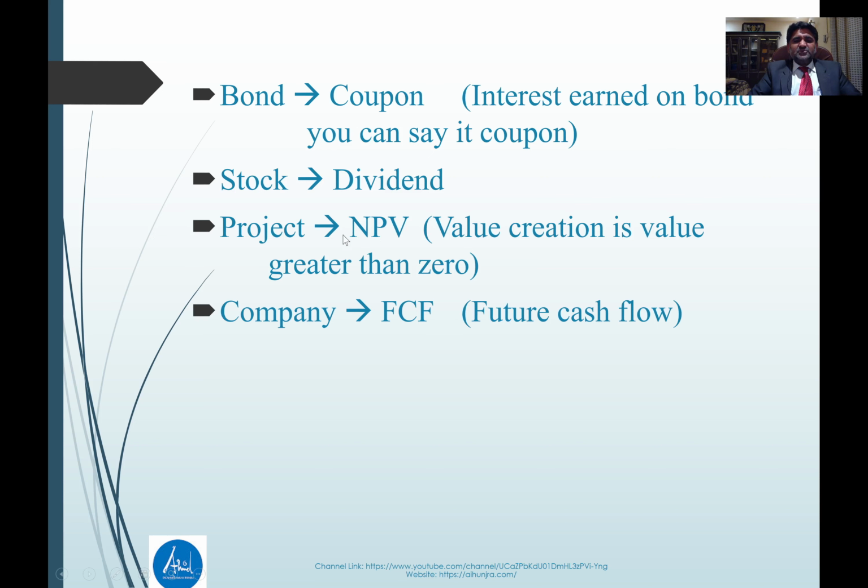Net present value means here we are talking about time value. Time value is the discounting approach, and the others are non-discounting, like payback period, accounting rate of return, and so on.